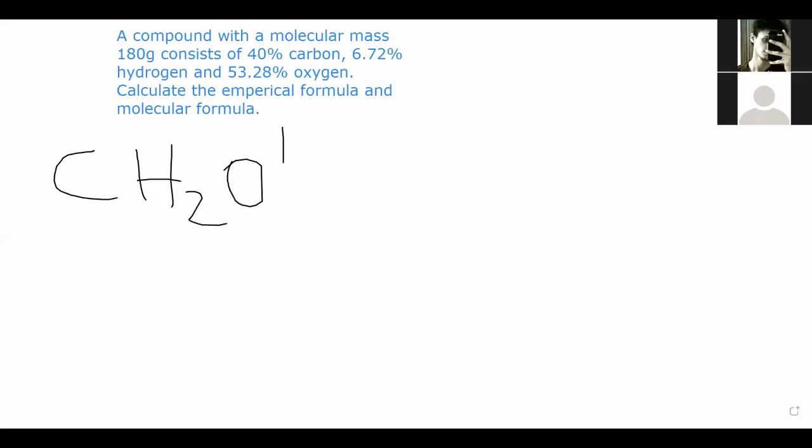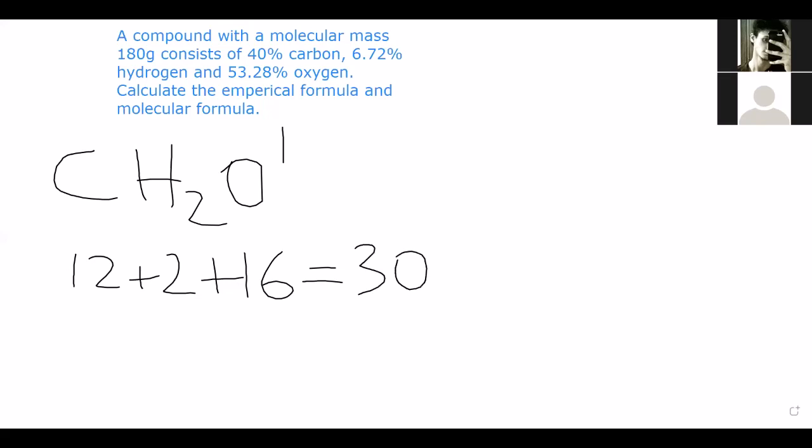Now over here carbon is 12, as there are 2 hydrogens, so 2 times 1 is 2, and 16. This is equals to 30. Now in the question we were given the molecular mass as 180. We'll divide the molecular mass by the empirical formula mass. 180 upon 30 equals to 6, and multiply this multiple with the empirical formula.